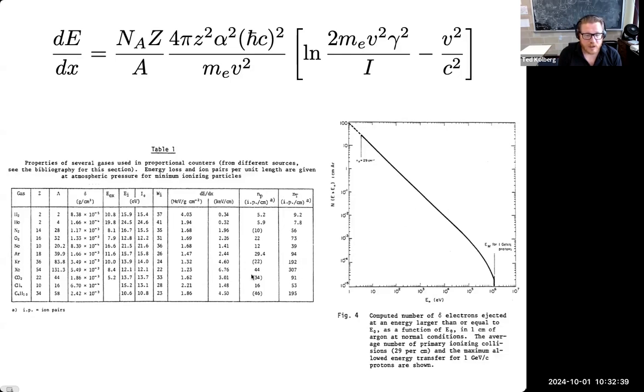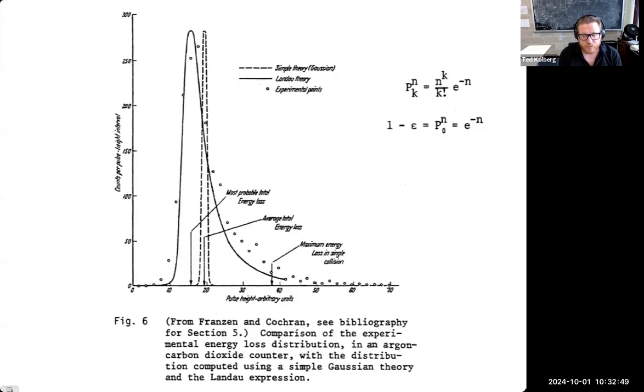Since these n's are small, in the range of a few to a few dozen to a few hundred, the statistical nature of the energy loss in gas is important. And there's a picture further motivating that on slide 9.